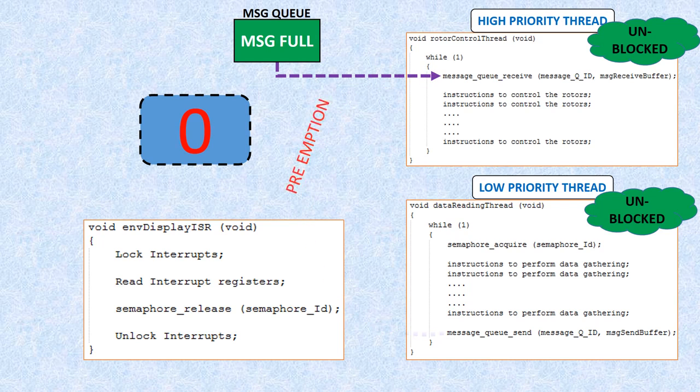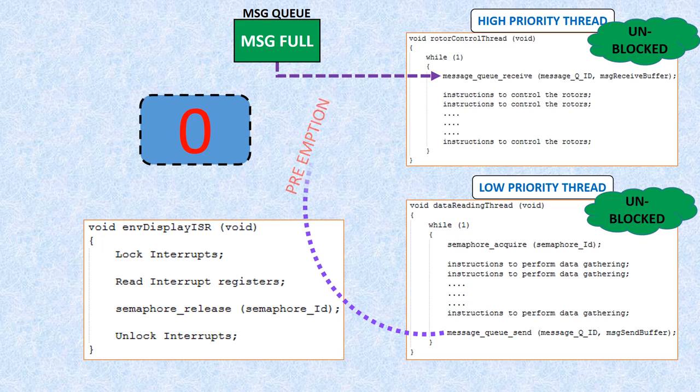So note that at this point preemption has happened, or a context switch has happened. It is called preemption because the low priority thread is preempted by the high priority thread. In other words, the high priority thread has preempted the low priority thread.